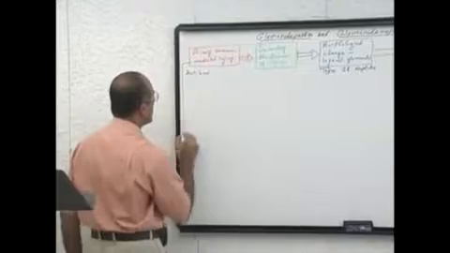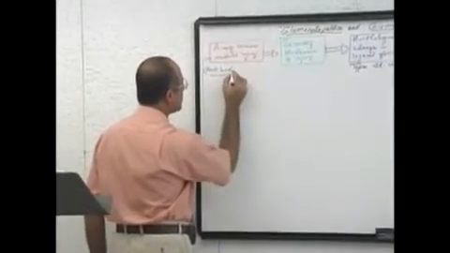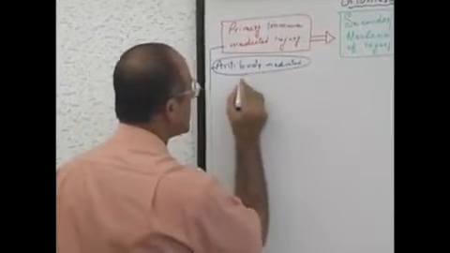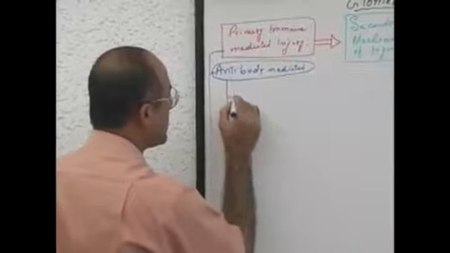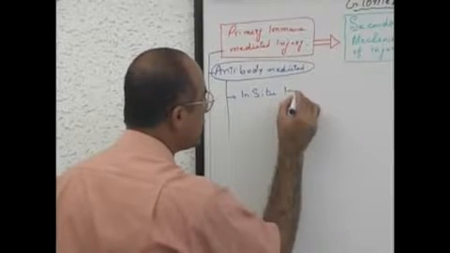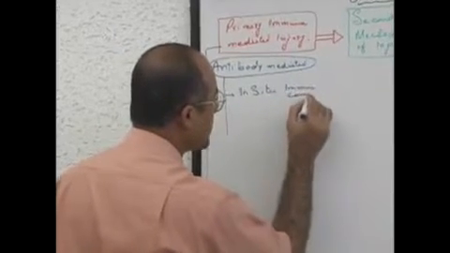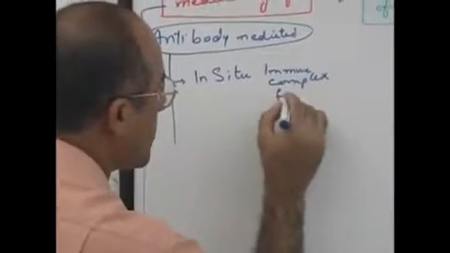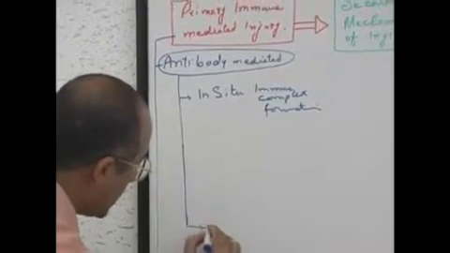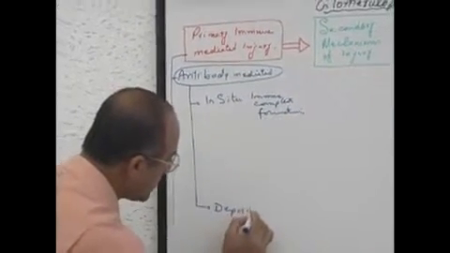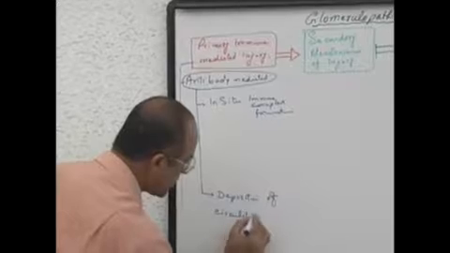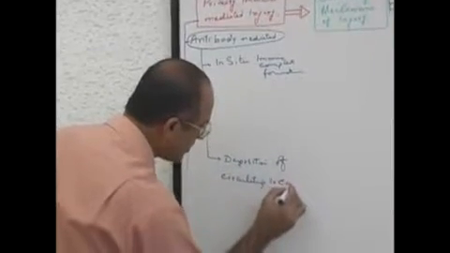Antibody mediated injury again has subtypes: in situ immune complex formation, or deposition of circulating immune complexes.